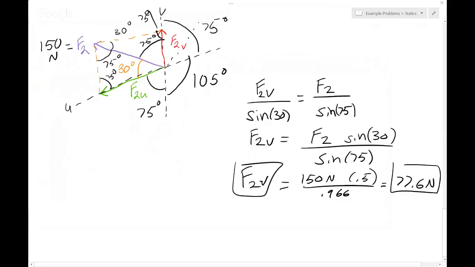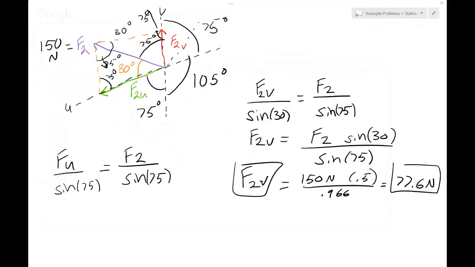And then for our force in the u direction, we just set that up as being force 2u, which is across from sine of 75 again, because that angle faces that way, and is across from the force 2u. Is equal to our actual force 2 divided by sine of 75 again. Then we can just multiply sine of 75 over. And what we end up getting is sine of 75 over sine of 75.